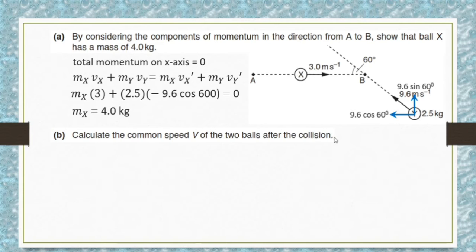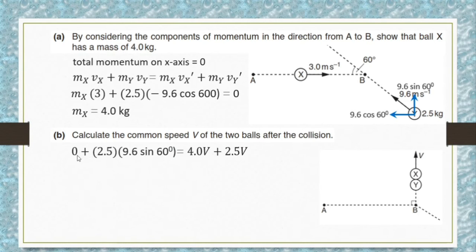Now we have to pay attention to the y-axis. Because after the collision, both balls move together with the same velocity, the common speed, capital V. So we use the conservation of momentum.